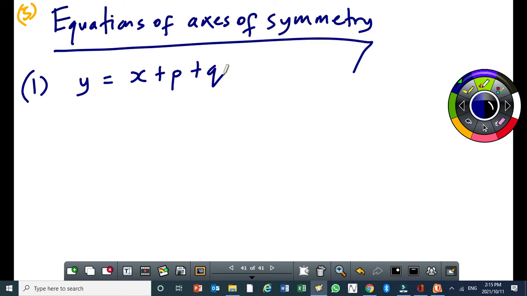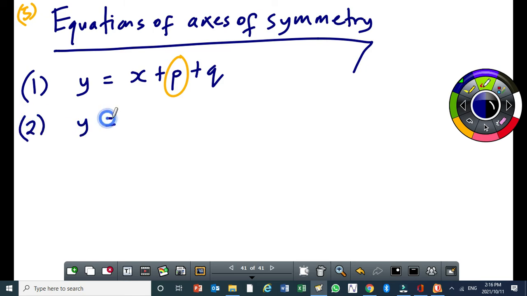Last year, the p was 0. Because there was no horizontal shift. Now the p is no longer 0. So your axes of symmetry are straight lines. They have equations of the form y equals mx plus c. The second one with the negative gradient is y equals minus x plus p, plus q.